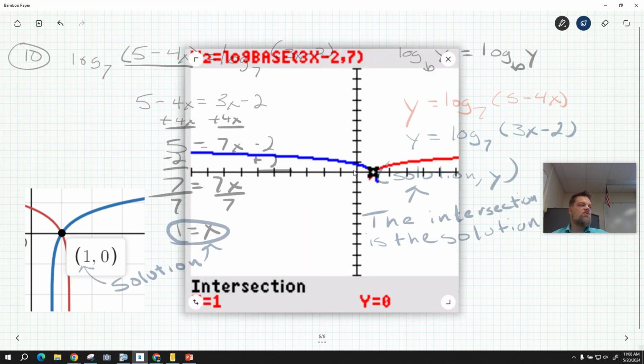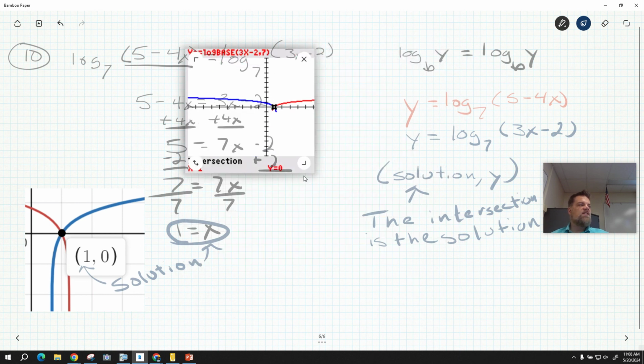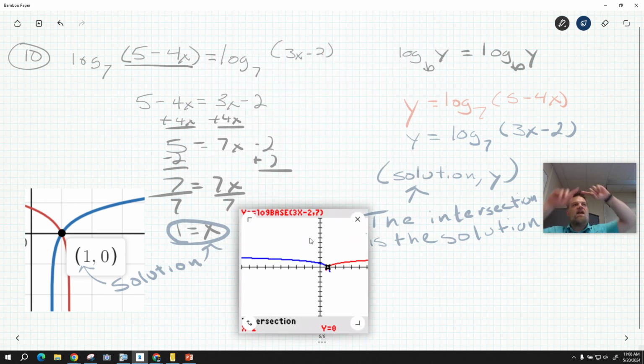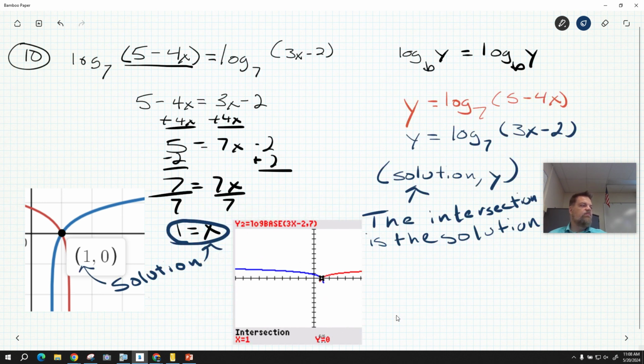You just click on it and it'll tell you the intersection. Also, it's a lot easier to zoom in and out. You do it almost like on your cell phone, right? Like on your Chromebooks, you just zoom in and out by sliding your fingers together or apart, right? This one, it's harder.